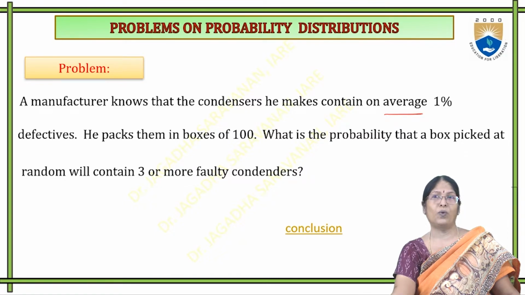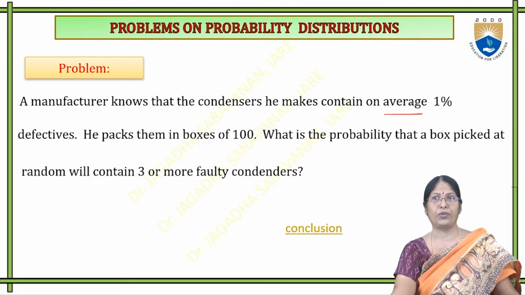Just now I told you the mathematician Denis Poisson took the mean of the binomial distribution, and mean is nothing but average. Based on that, he derived the Poisson formula. So when the average mean is given, we move to the Poisson distribution.